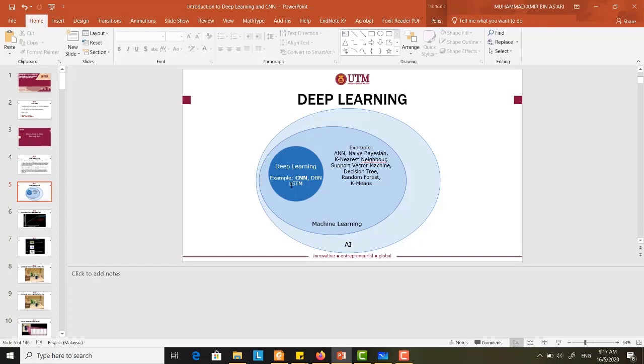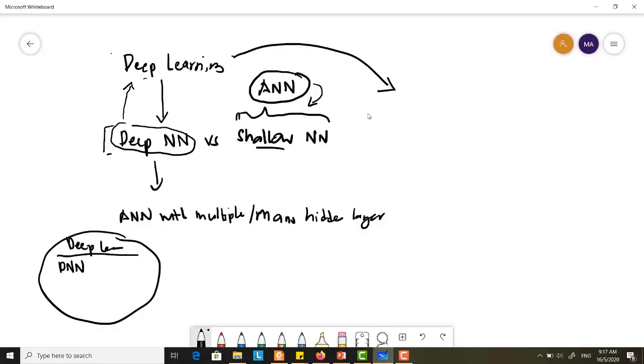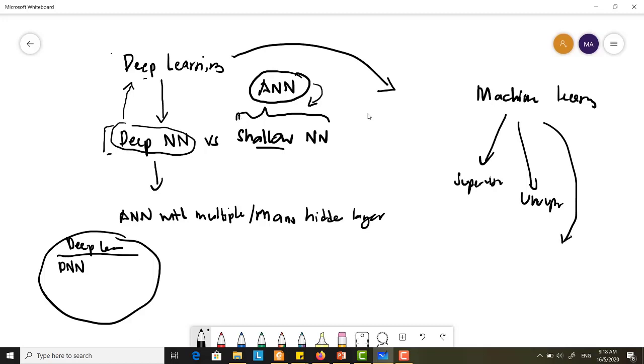But what I want to stress is that, if you remember, machine learning can be categorized into three. One is supervised, then you have unsupervised, and the more advanced and a little bit complicated one is reinforcement learning.